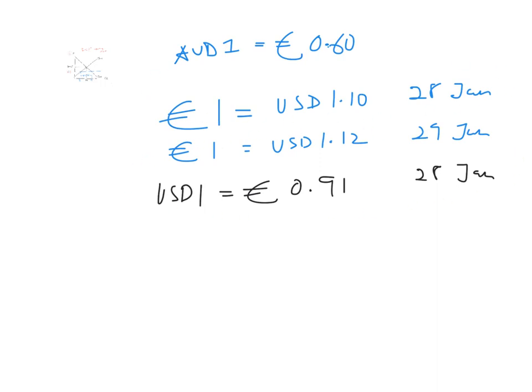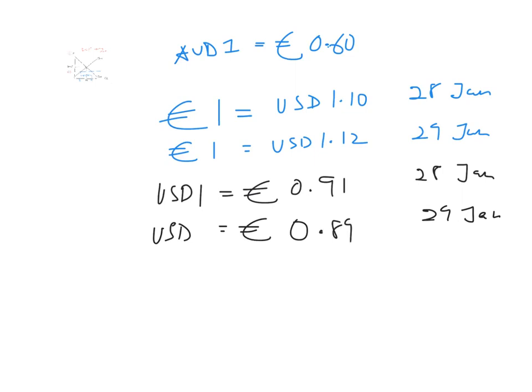Okay, but on the 29th of January, 1 US dollar is going to be getting less euros. How much less? I'll just calculate on my calculator over here. 0.89 euros, right?